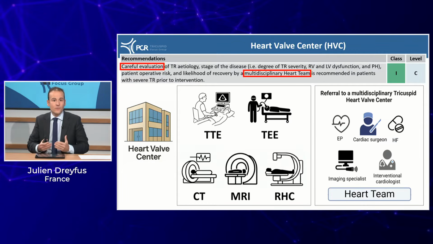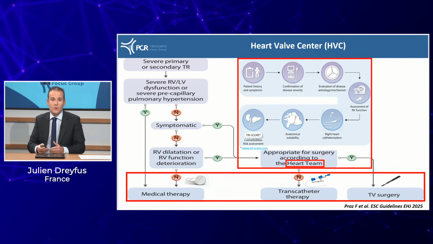And when I say a careful evaluation, it's a step-by-step workup with several different investigations and a discussion with an extended heart team. When I say extended heart team, usually we consider a surgeon, an interventional cardiologist, and an imaging specialist, but you also have to add electrophysiologists, heart failure specialists, and even some other colleagues.